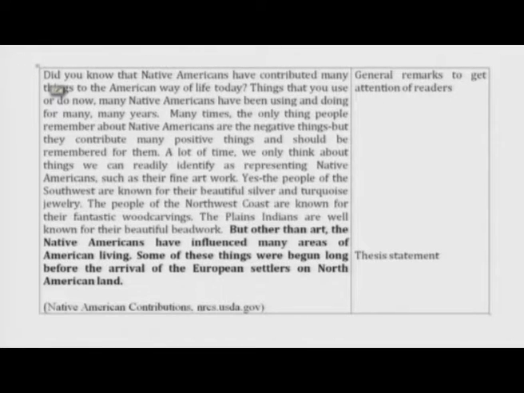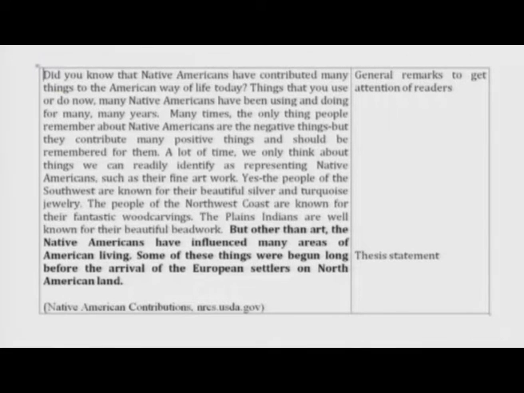The Plains Indians are well known for their beautiful bead work. But other than art, the Native Americans have influenced many areas of American living. Some of these things were begun long before the arrival of the European settlers on North American land.